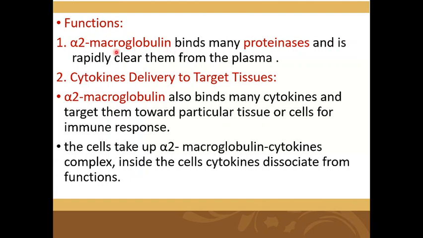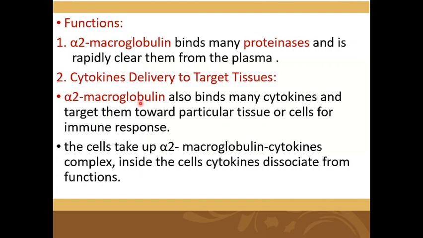Functions. Alpha-2 macroglobulins bind to proteinases and rapidly clear them from the plasma, right? They bind the proteinases, harmful enzymes not required in the plasma, and rapidly clear them from the plasma. Second function, very important: cytokine delivery to the target tissue.